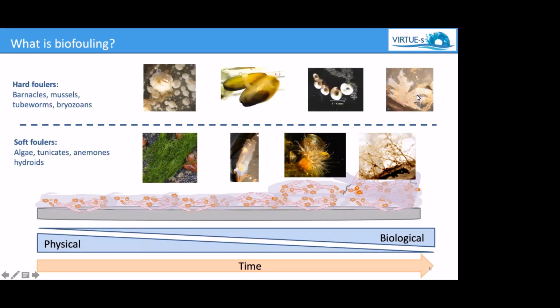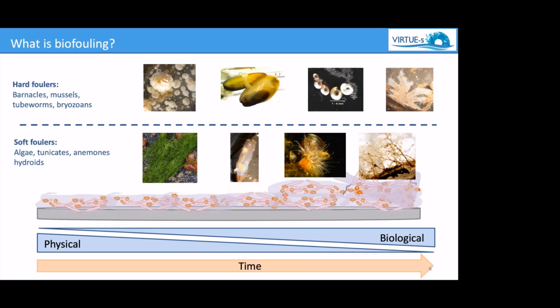So going back again to the processes happening during the early stages of fouling, you have first the physical processes like the adhesion and adsorption of the macromolecules, the chemical compounds, where the substrate will be biochemically conditioned.